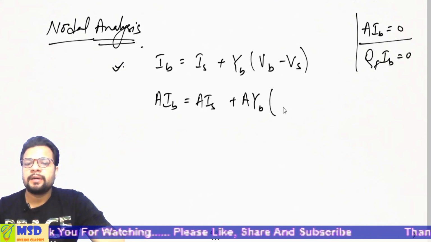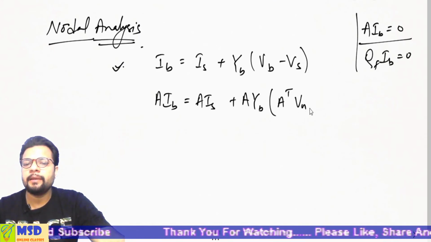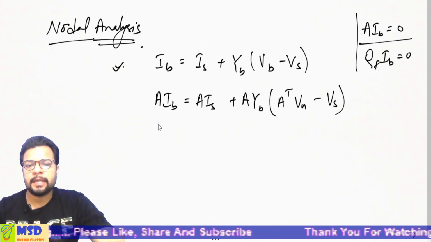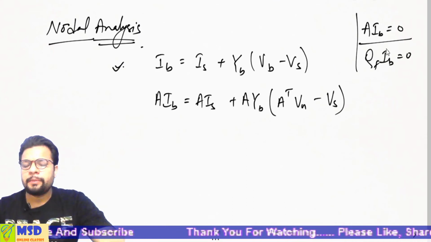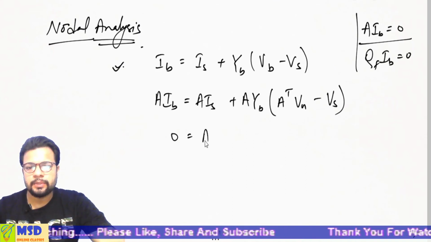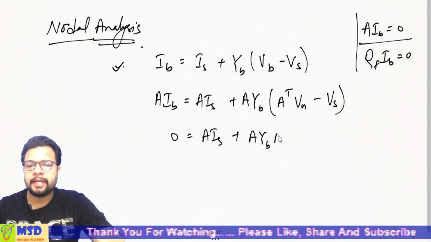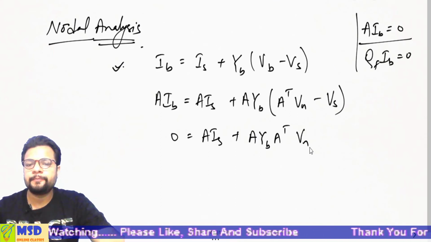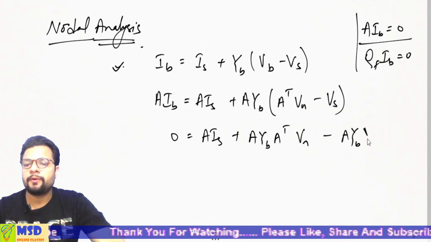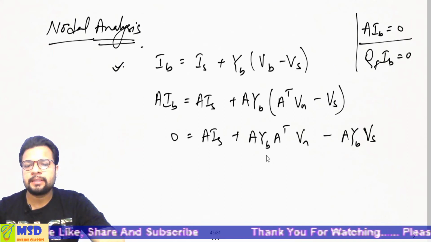Yes, we have. VB is equal to A transpose VN minus VS. Now A into IB we already know is equal to 0. So it is equal to A into IS plus AYB A transpose into VN minus AYB into VS. I hope it is clear to you.